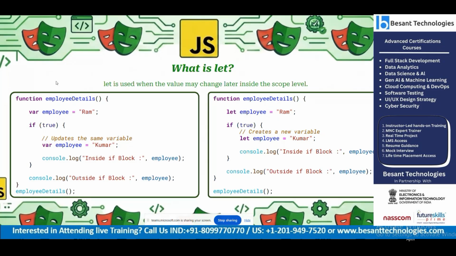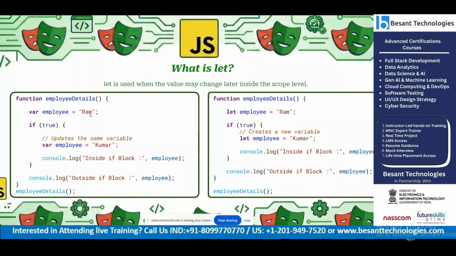For example, as you see here, I'm declaring a function. If you're not aware of functions, just ignore that and look at the rest. Here var employee equals Ram. I declare the name as Ram. Then I check if true, giving a boolean true so it automatically enters the function, and I update the employee name to Kumar.